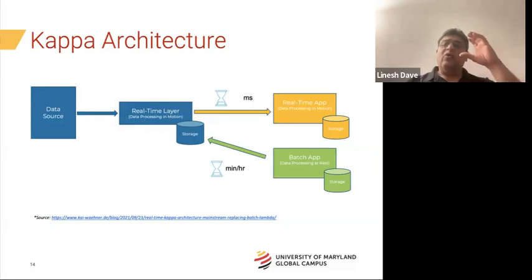But all the data that passes through will be stored in a single master source of truth, right? So there will be one database that is going to hold all data, irrespective of whether it has gone through as real time or has been captured as a batch application in the batch layer. So that is all held together, right?